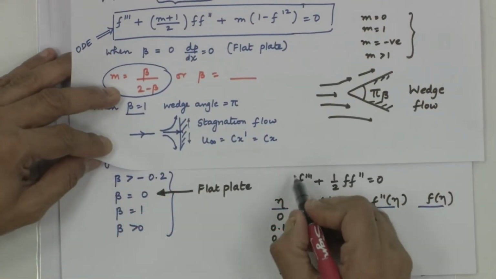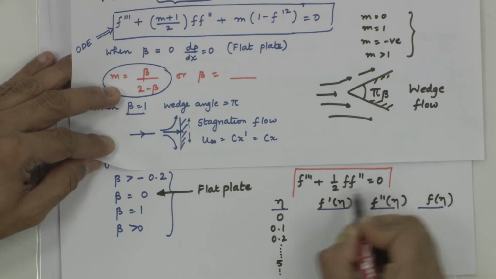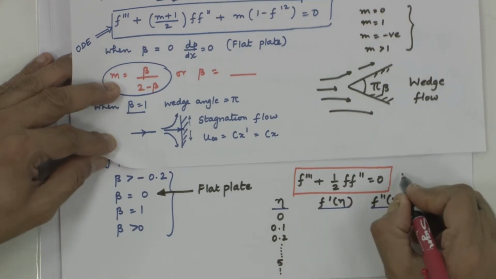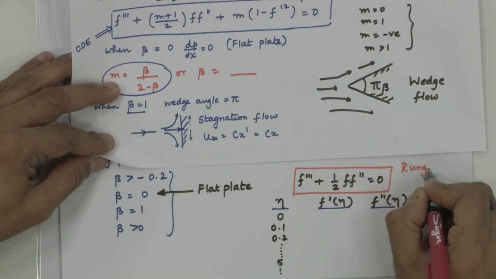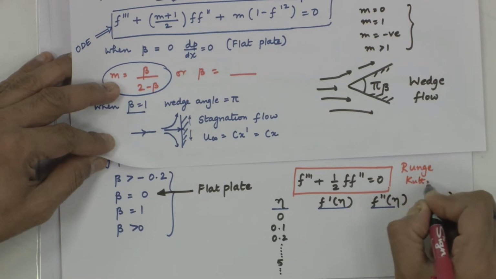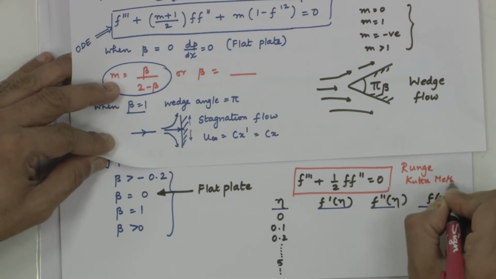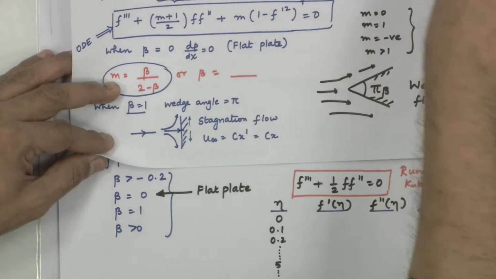And therefore, if you generate a table like this of eta, f prime, etc. for this ordinary differential equation, this can be solved by the Runge-Kutta method or any such ODE solver. If you solve this, you will generate a table of results.